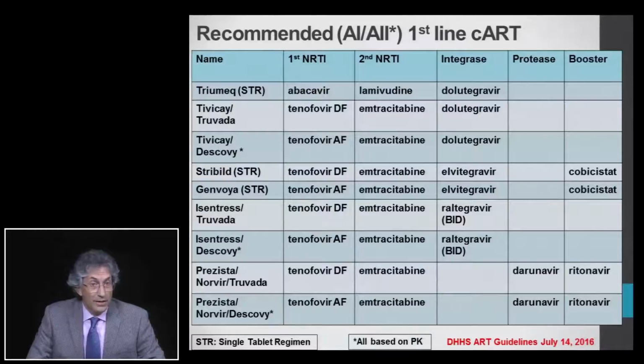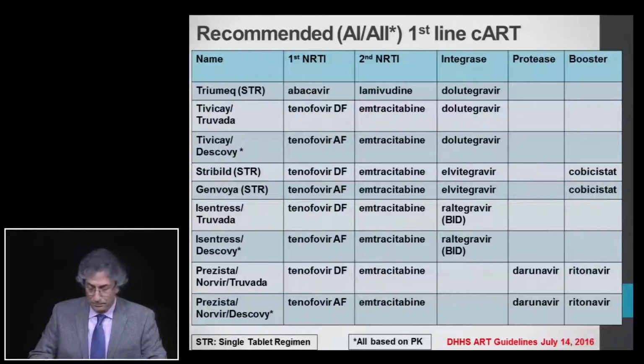You'll notice that the first line shows abacavir lamivudine as the nucleoside backbone, and you'll see that all the other nucleoside backbone options are variations on tenofovir with emtricitabine. We'll look at this more closely, but I'd like you to see this pattern of the drugs that are the first-line recommendations.